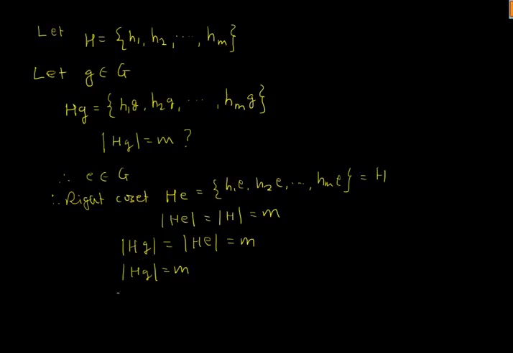Right. So since the order of G is equal to n, by taking one element at a time from G, I'm constructing n distinct cosets.